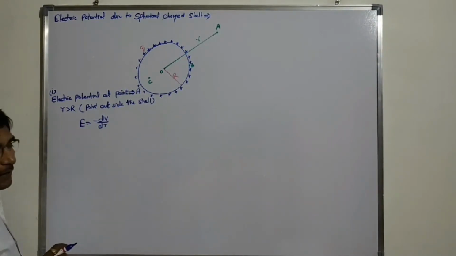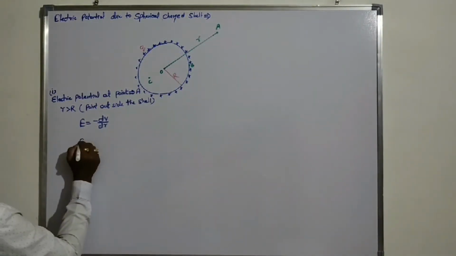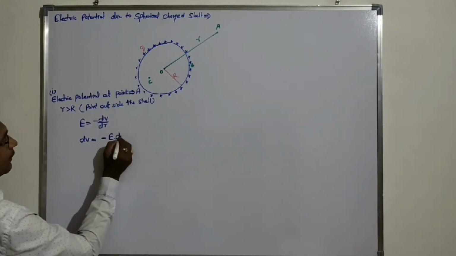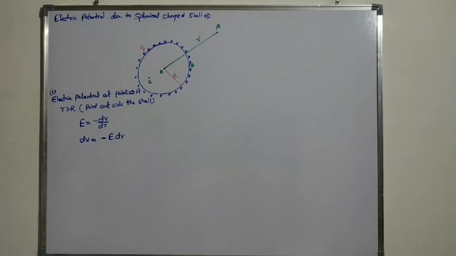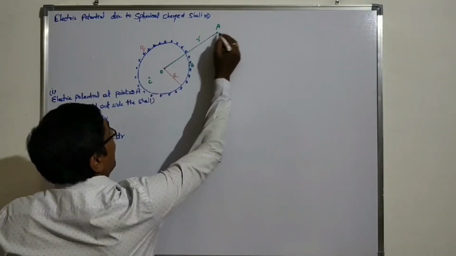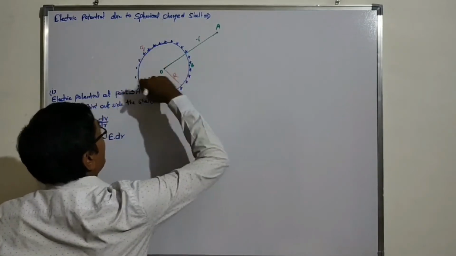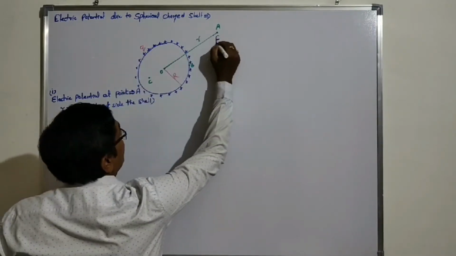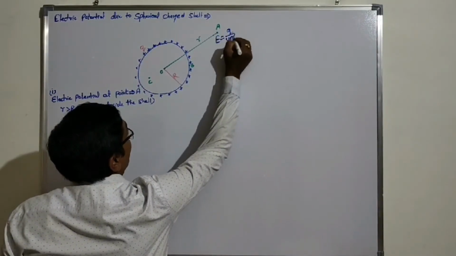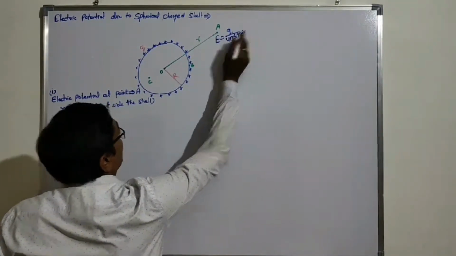Electric field is the negative potential gradient. So dV equals minus E dot dr. And we know the electric field at point A from the charged spherical shell, when the point is situated outside the sphere, is E equals Q upon 4 pi epsilon naught R square.